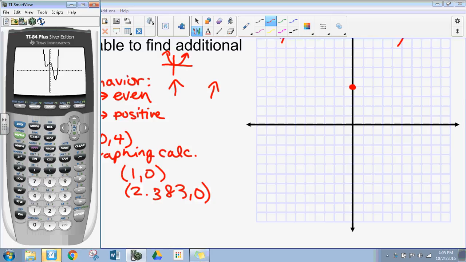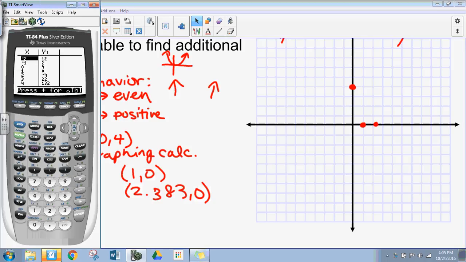Okay? So we're going to graph these so we have an idea of what other points we need. And then, so (1, 0), and then 2.3, that's about right here. And remember to look at your end behavior. Okay? Now we're going to look at the table. Okay, so second table to find our other points.